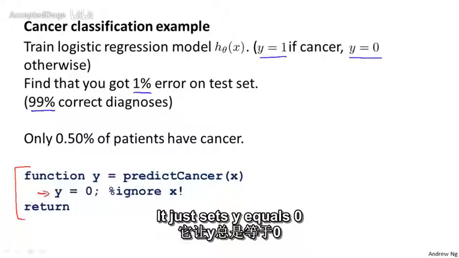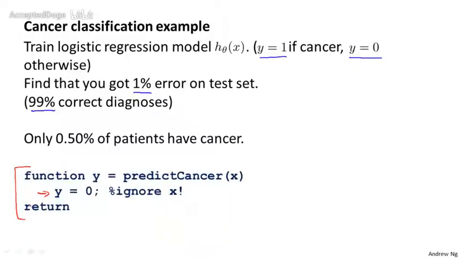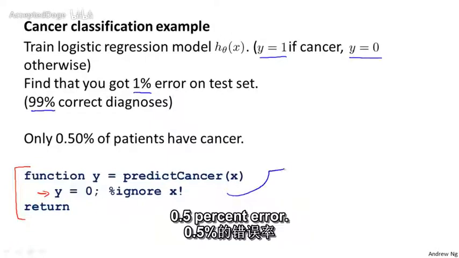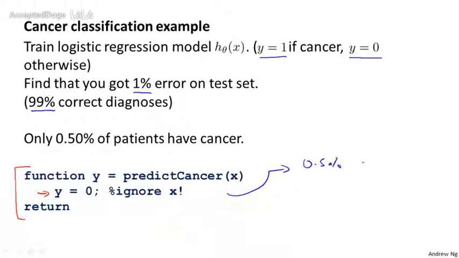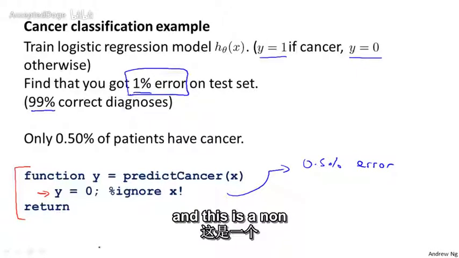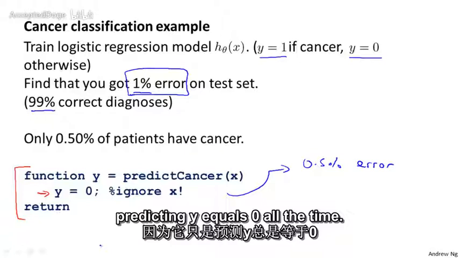It just sets y equals 0 and always predicts nobody has cancer. And this algorithm would actually get 0.5% error. So this is even better than the 1% error that we're getting just now. And this is a non-learning algorithm that's just predicting y equals 0 all the time.